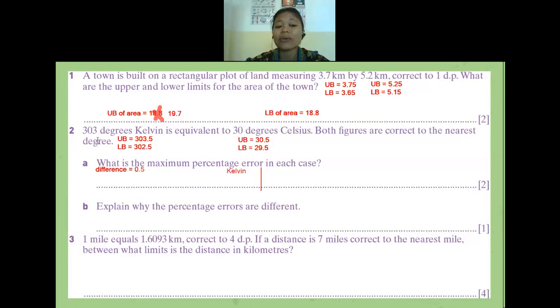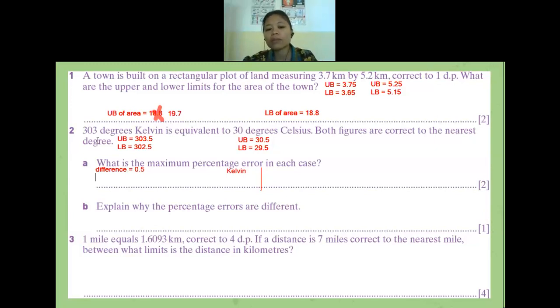Is there anyone having difficulty finding the difference? For the difference you can do subtraction. If you want to compare it with the upper bound, it is 303.5 minus 303. If you want to compare it with the lower bound, it will be 303 minus 302.5. That's it. The answer will be 0.5.